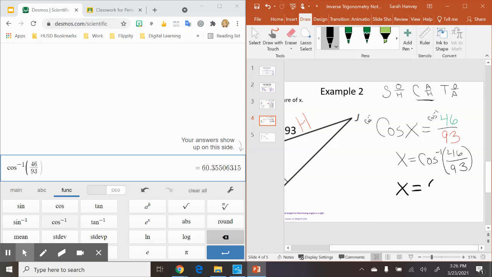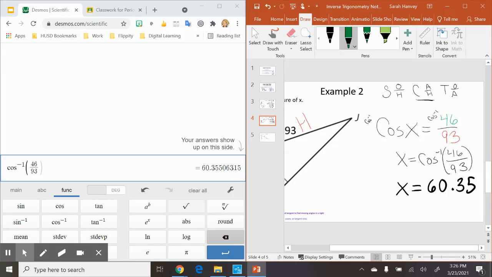Ooh, super slow. 0.35. It doesn't like Desmos in that together, I guess. We're just going to wait, see if it writes. But hopefully you realize here that since that is a 5 or higher, we need to round that 0.3 to 0.4.